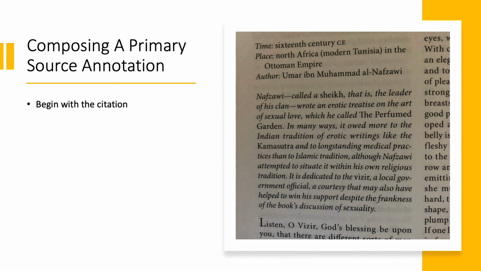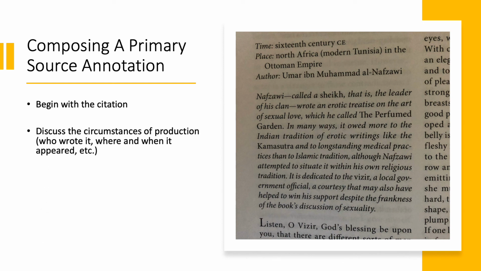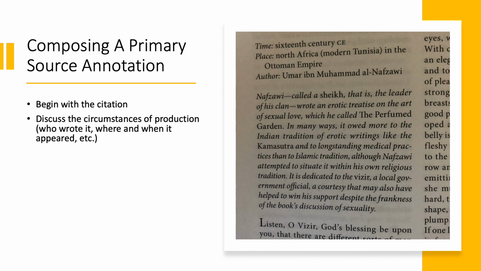Okay, so we said start with the citation, and then I would like you to talk about, to the extent you can, the circumstances of production for the source. This, I realize, might not always be possible because sometimes we don't know the authors of primary sources. There's a lot of these that are just anonymous because they were written by an unknown person or because we lost track of who this person was.